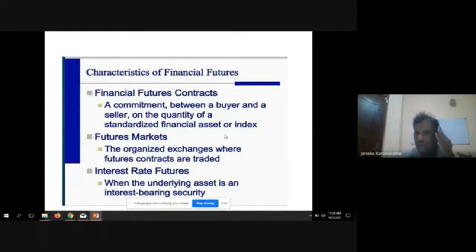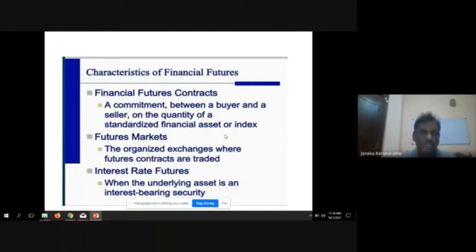Now, an index is mainly related to the equity markets, such as, in the Sri Lankan context, the S&P SL20 and ASPI. The New York Stock Exchange also has certain indexes. There may be other indexes, such as commodity indexes. It can also be a financial asset, like a loan, a bond, or a debenture.